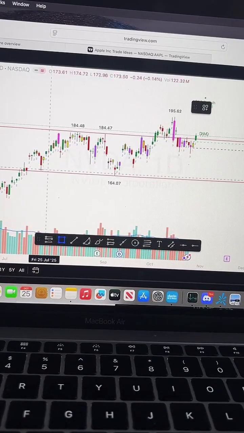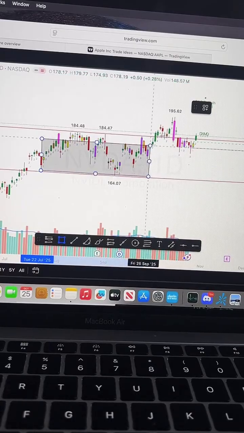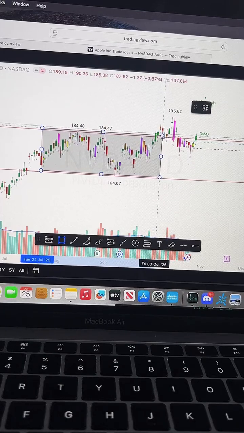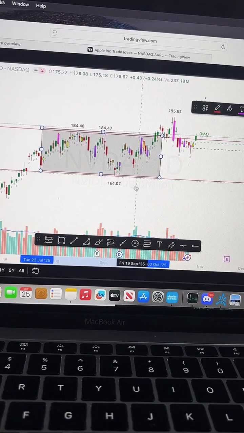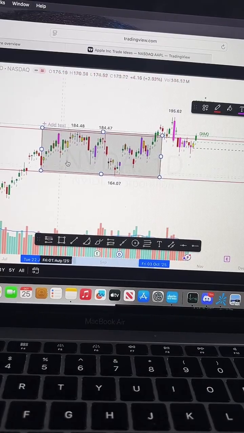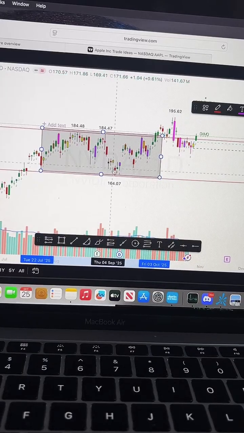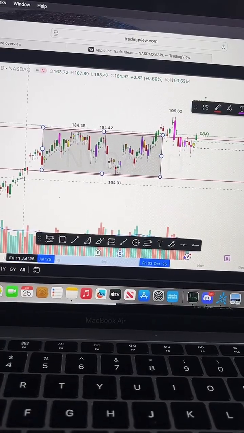I can say, okay, all of this could suggest consolidation, right? Because it's not really an uptrend. These are equal levels coming down. We just consolidated within this range from about 164 to 184.